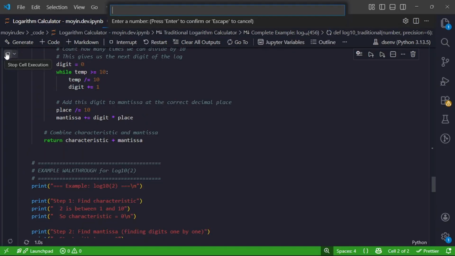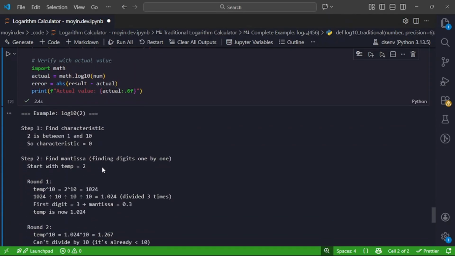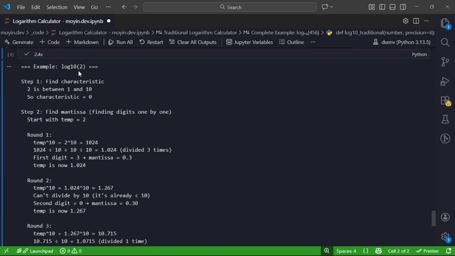So first, let's work with 2. Very simple. Example: log₁₀ of 2. You find the characteristic. 2 is between 1 and 10. You cannot divide it, so that means it's less than 10, so the characteristic is 0. Because it's less than 10, it is the temp. So we take 2 as the temp here. We raise that to the power of 10.